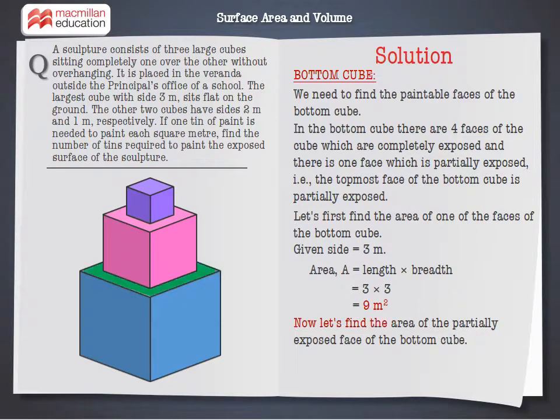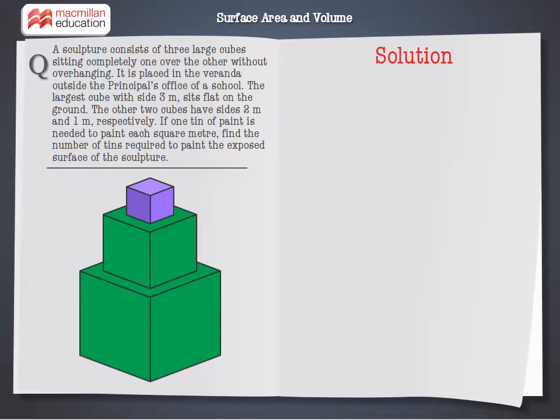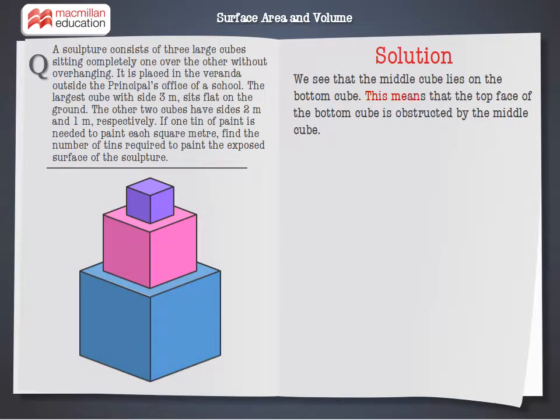Now, let's find the area of the partially exposed face of the bottom cube. We see that the middle cube lies on the bottom cube. This means that the top face of the bottom cube is obstructed by the middle cube.